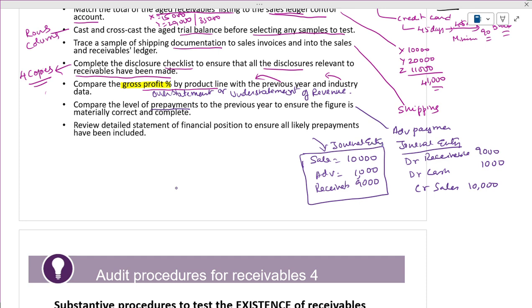Then 99% our understanding will be clear. Compare the level of prepayments paid in advance to the previous year to ensure that the figure is materially correct and complete. Because settlements will be there.